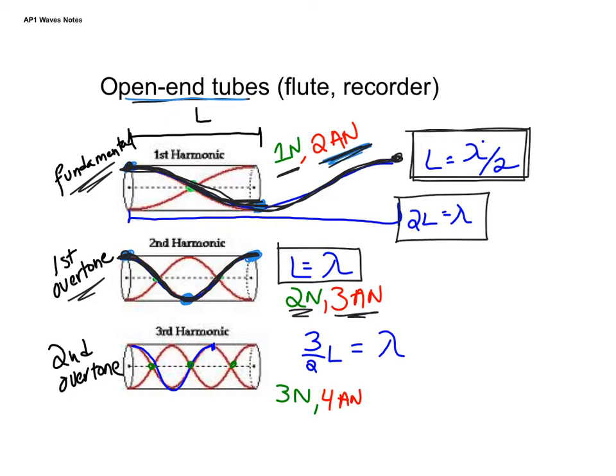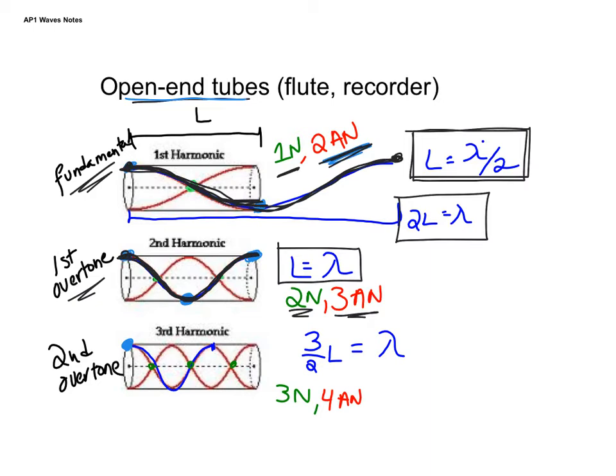I can draw another wave. My next highest frequency, my third harmonic, is going to be the wave that's a little bit higher frequency, but also generates a standing wave in this tube. If I'm going to have a standing wave in this tube, I need to have an antinode at one end and an antinode at the other.